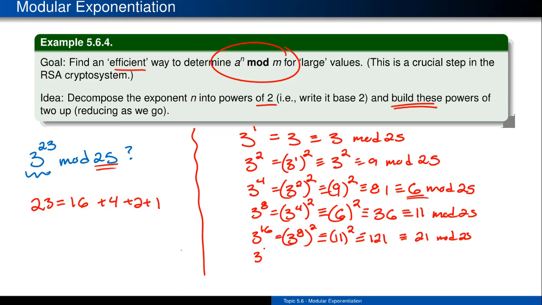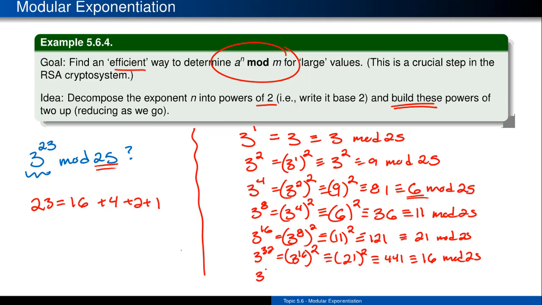So 3 to the, let's say, 32nd, which I know is 3 to the 16th squared. Well, 3 to the 16th is that last step, which is a 21, and that's going to be squared. 21 squared in this case is something like 441. And then if I reduce that thing modulo 25, it's going to kick out a 16. Then I can go up another step.